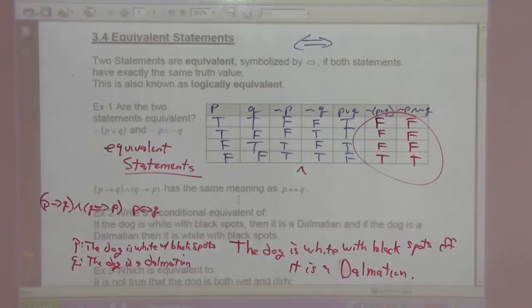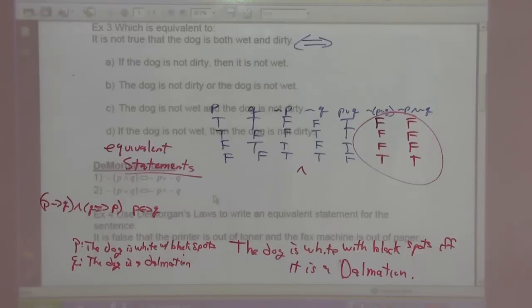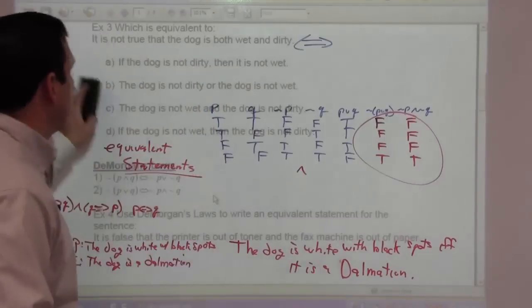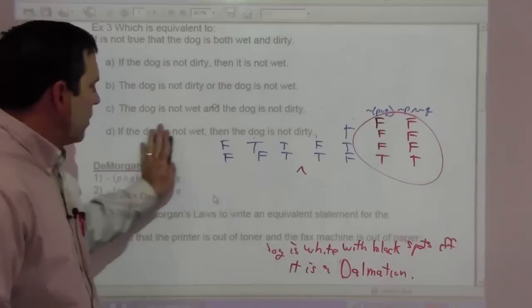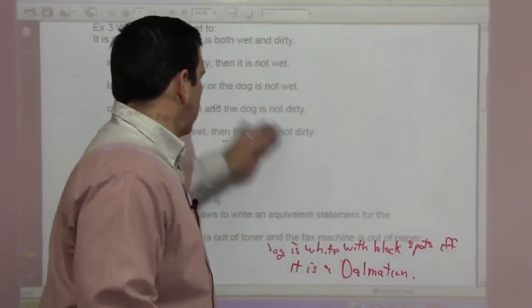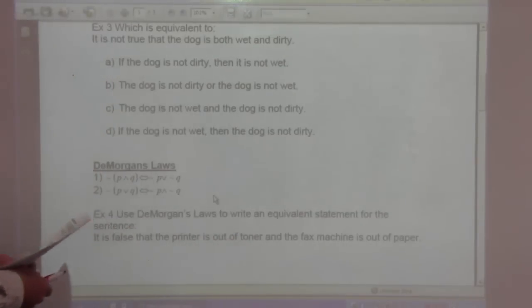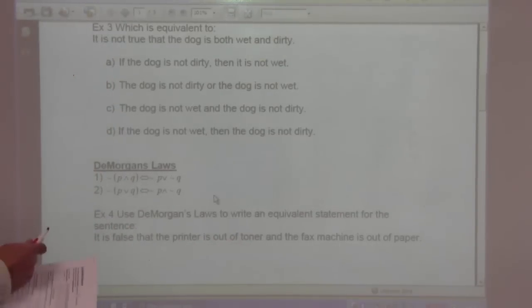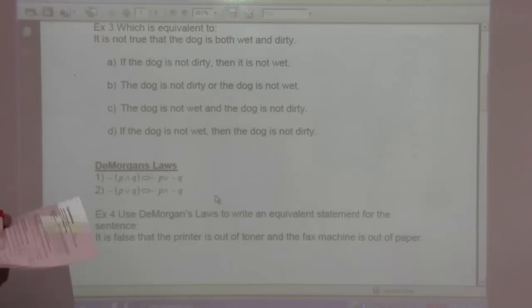Okay, moving on to example 3. Example 3 says, which is equivalent to, it is not true that the dog is both wet and dirty.